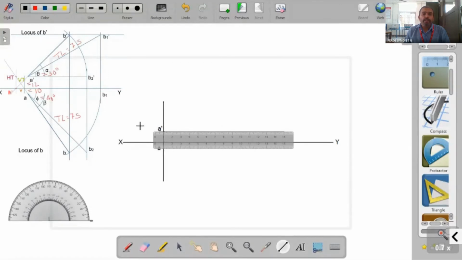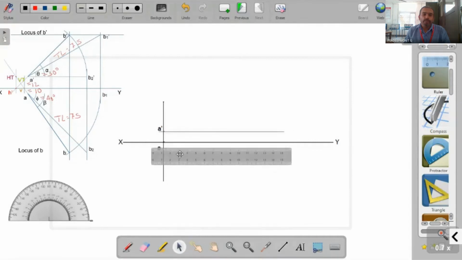So for that we also need the locus of these 2 points. So both the locus of A dash as well as the locus of A are marked.